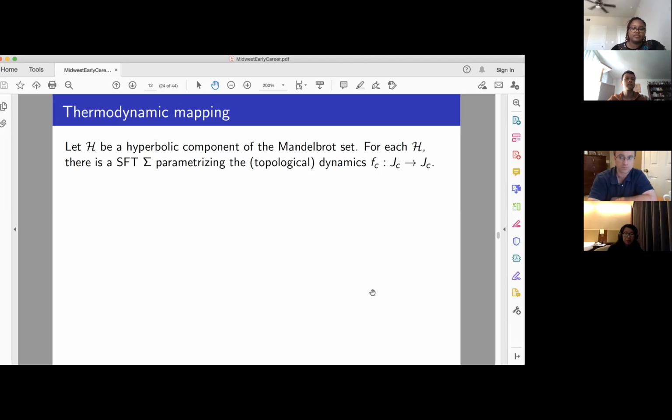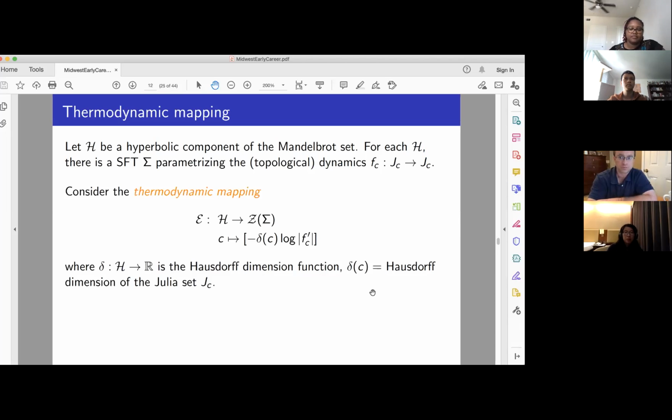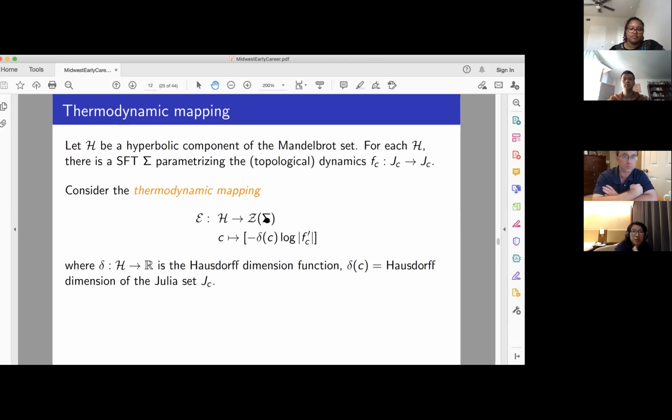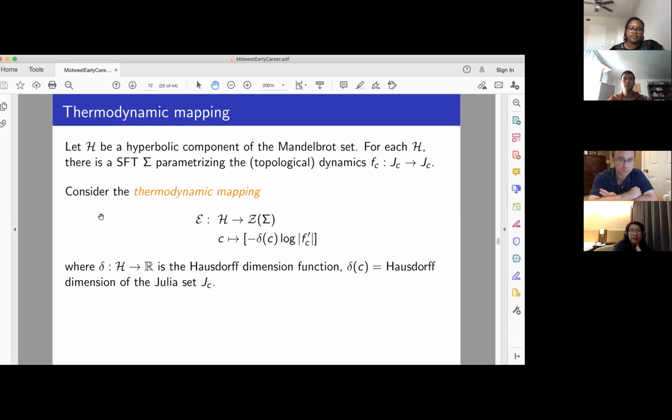So that is to say there's a subshift of finite type sigma parameterizing the topological dynamics of the polynomial on its Julia set. So now we want to consider a thermodynamic mapping, which maps the hyperbolic component into the space of Z sigma, where sigma is the sigma parameterizing the dynamics on the Julia set.